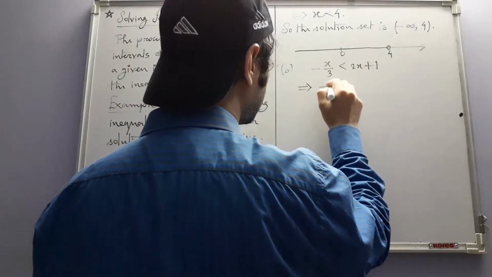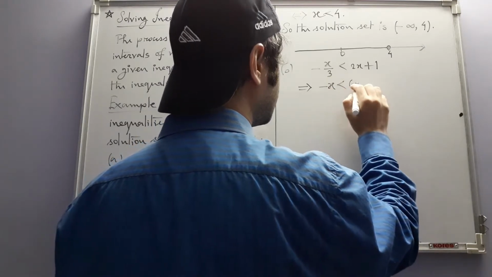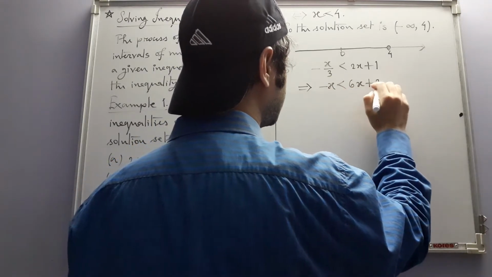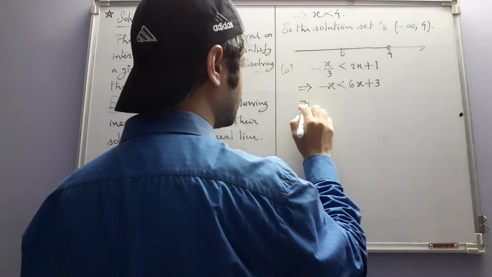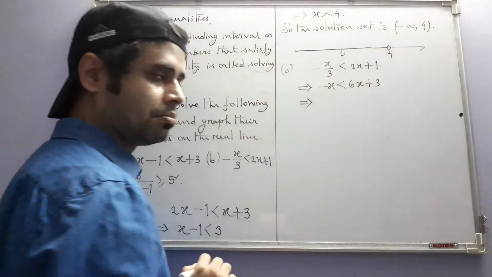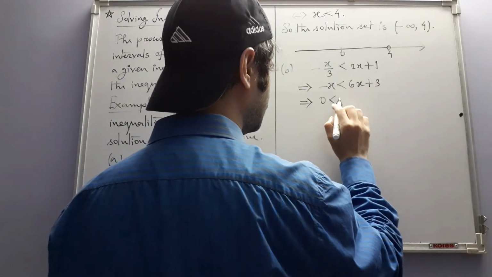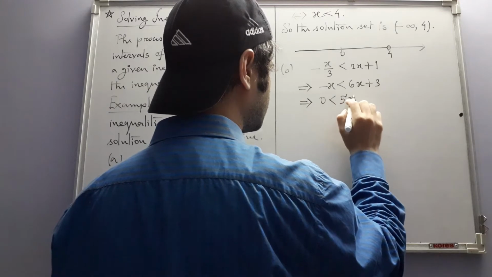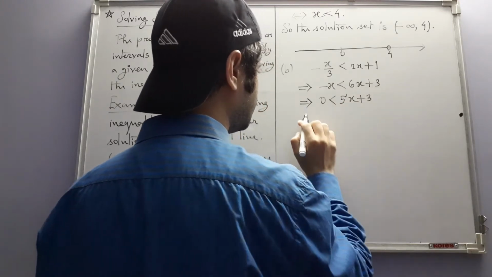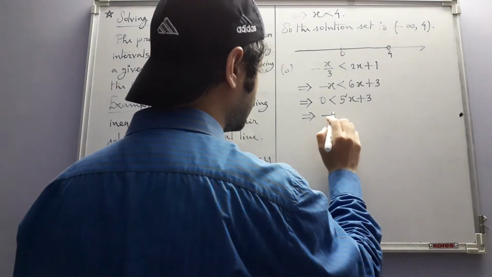That would give us minus x less than 6x plus 3. Now we can add x on both sides. That gives us 0 less than 5x plus 3. Now add minus 3 on both sides. That gives us this.